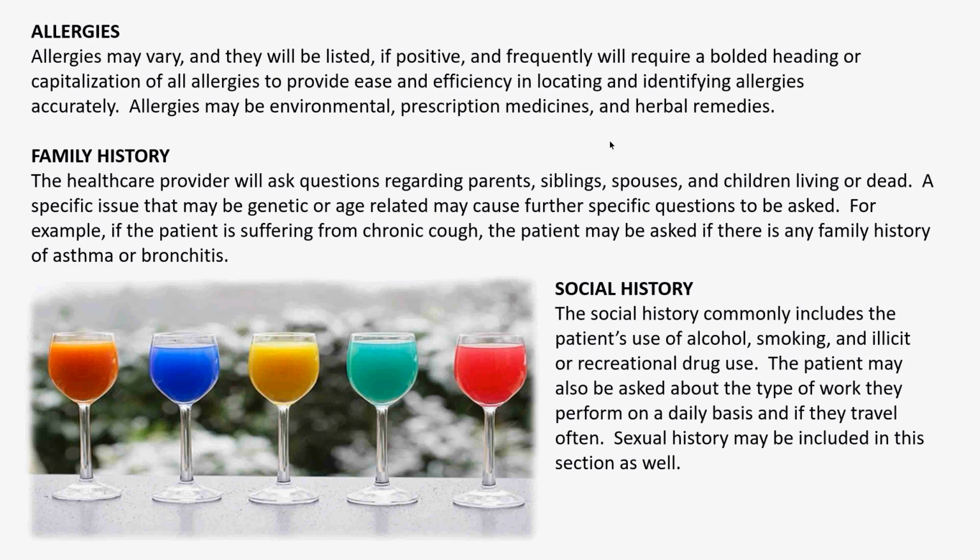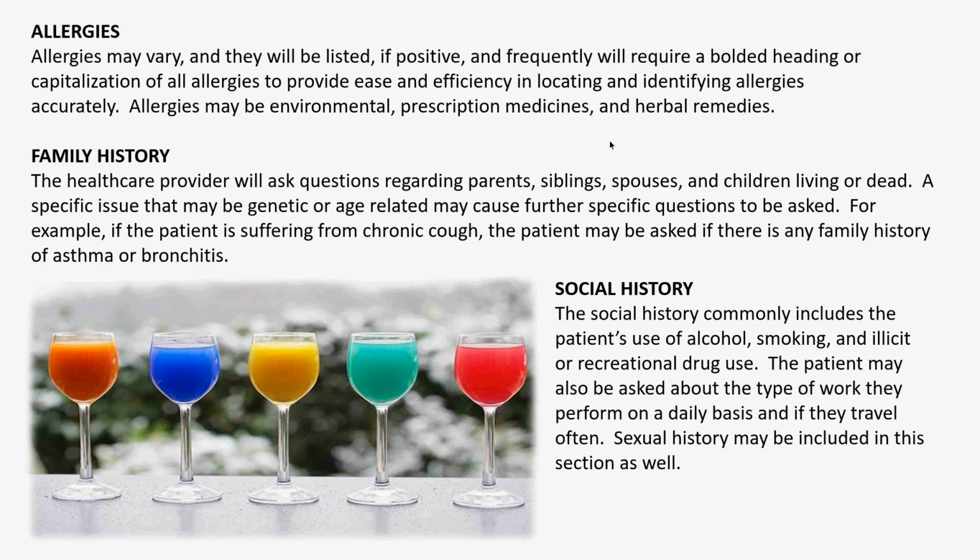Social history, you may hear them talk about alcohol use on the weekends. Maybe they have recreational marijuana. Maybe they drink once a month. They will include this to see if the patient has a use of alcohol, smoking, or illicit recreational drug use.